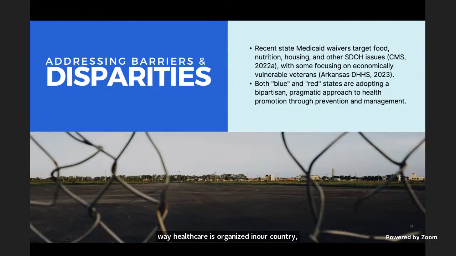The focus on utilizing supports to help those who might be vulnerable, like newly separated veterans, in some of our states, and providing health care and perhaps housing, perhaps food supports through Medicaid, is another example or illustration of how Medicaid has become sort of this platform to provide insurance and support for those in our country.